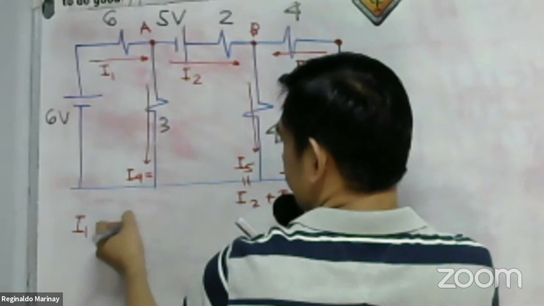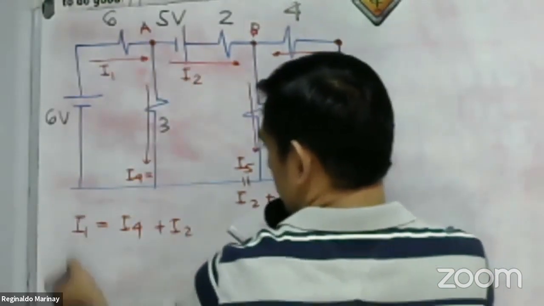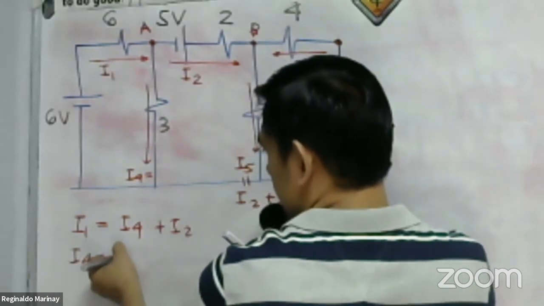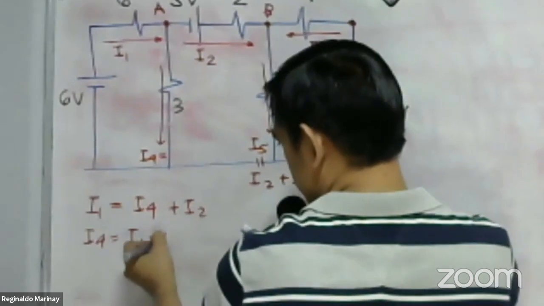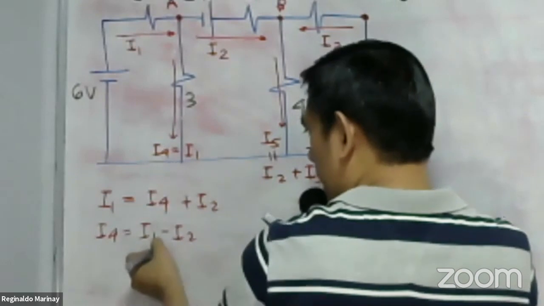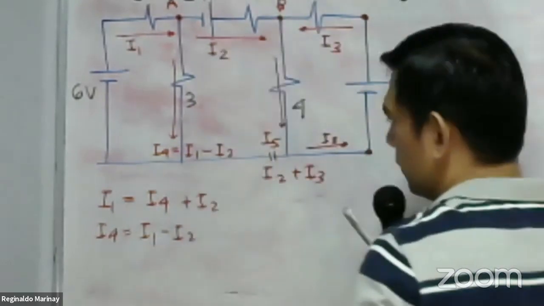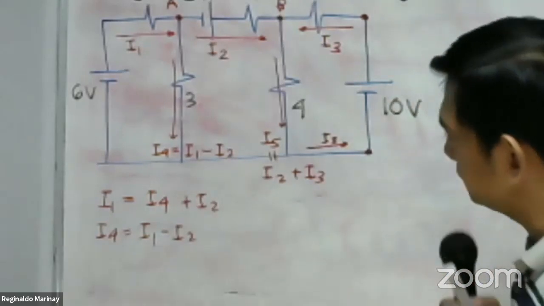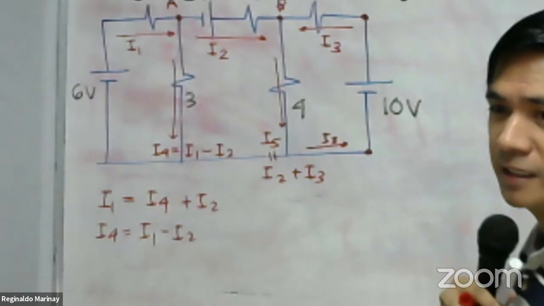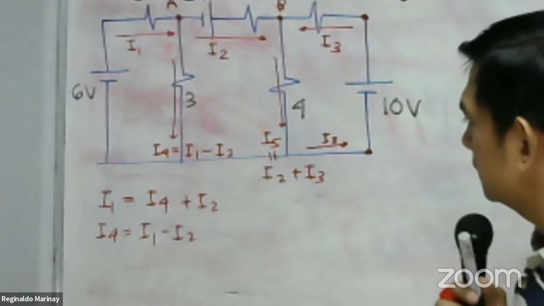The current leaving is I4 plus I2. So what is our I4 equal to? That is equal to I1 minus I2. That is our I4 already. Makinig mabuti ha. Mamali ka lang ng sign, mali ka na lahat. Please listen carefully.